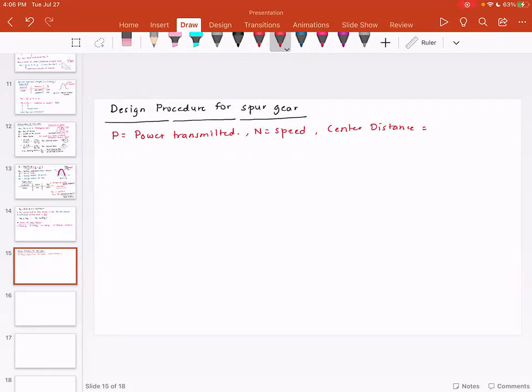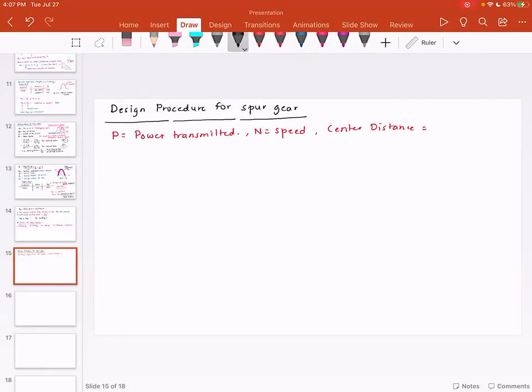Or many a times they would just say design the gear for certain power transmission. And then we just design the gear based on some assumptions or the empirical evidence.